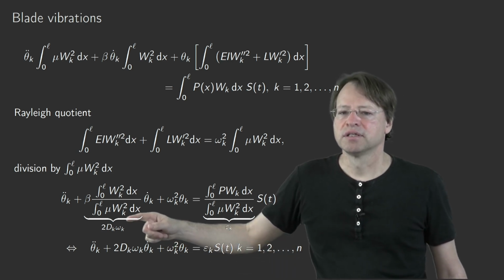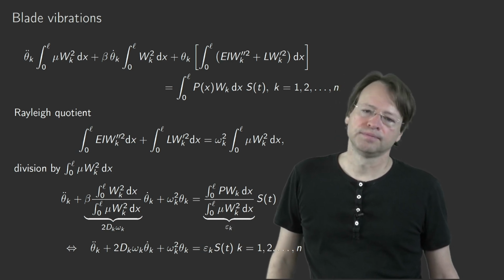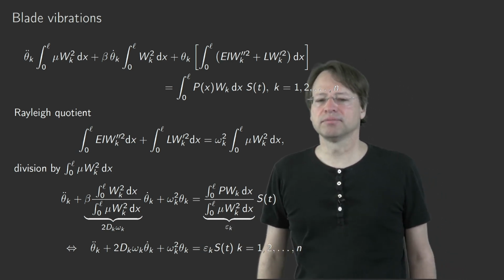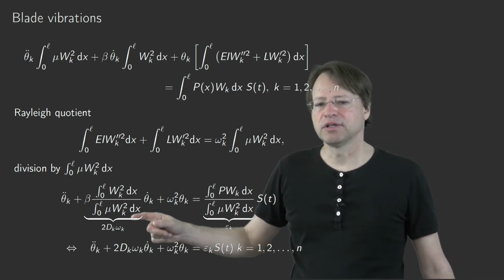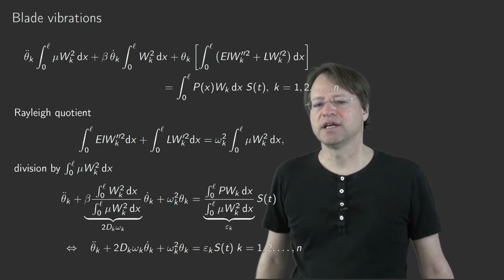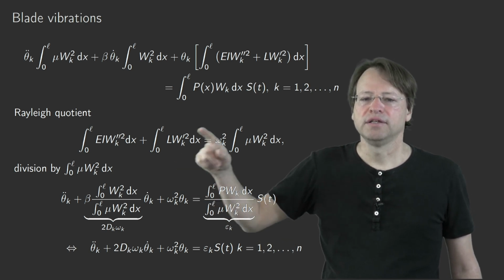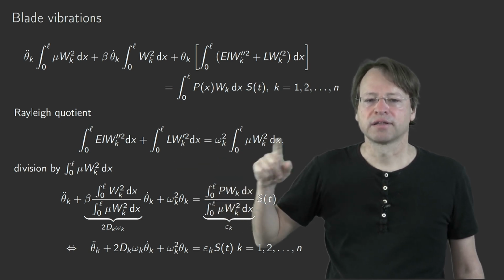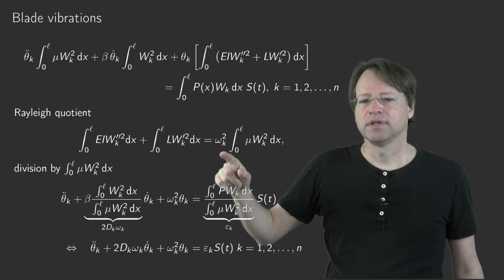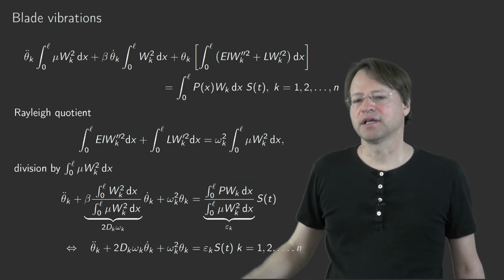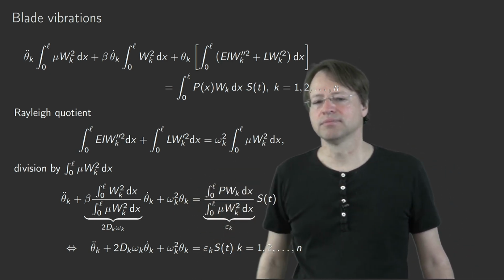Then it appears in the denominator of the damping term. And that damping term can now be written as 2 dk omega k. And for the Rayleigh quotient of the kth mode, we introduce the natural frequency omega k squared. So this term then is quite simple.